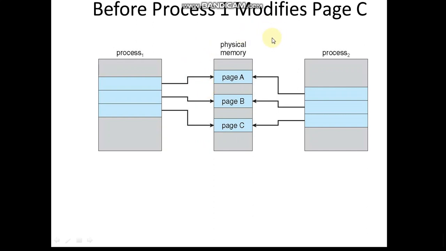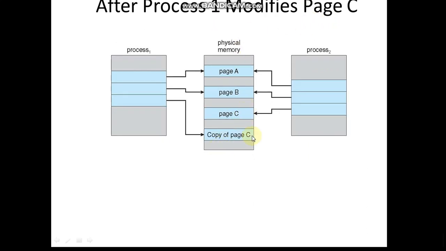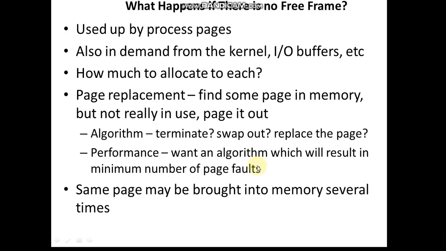If process 1 modifies page C, a copy of page C is created for process 1, whereas the original is accessed by process 2. As there is no change by either process on pages A and B, they are shared commonly by both processes, whereas page C has been modified by process 1, so a copy is created for it.